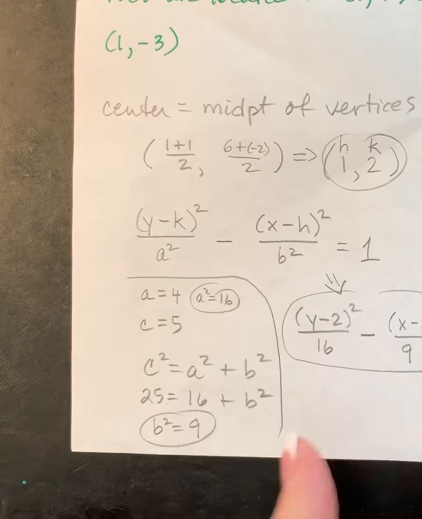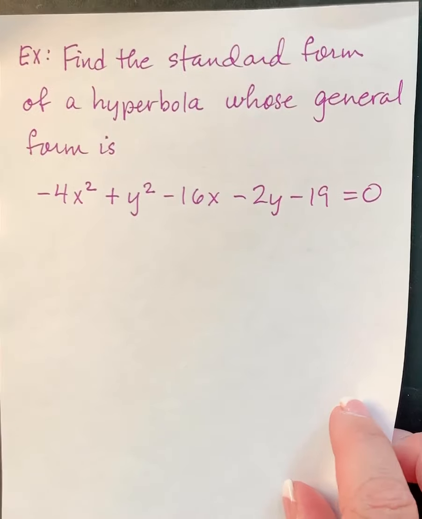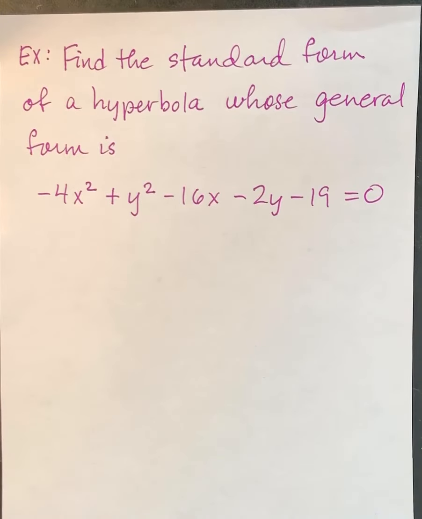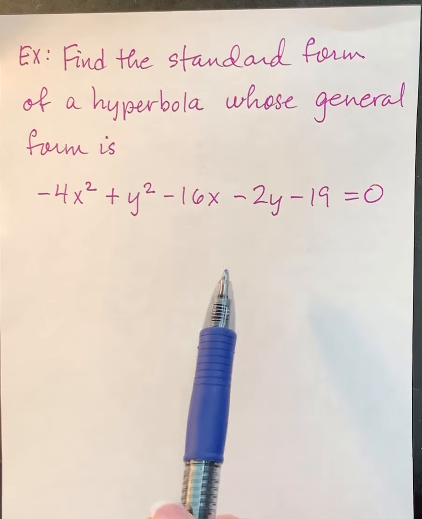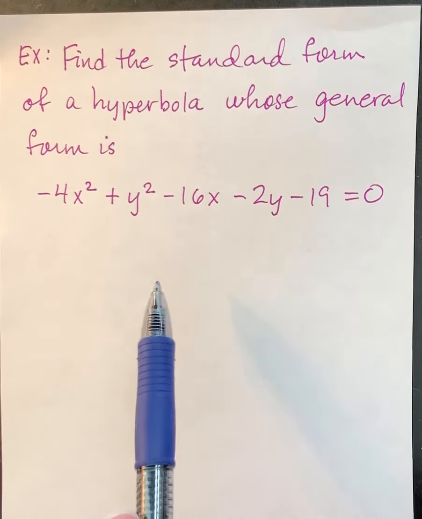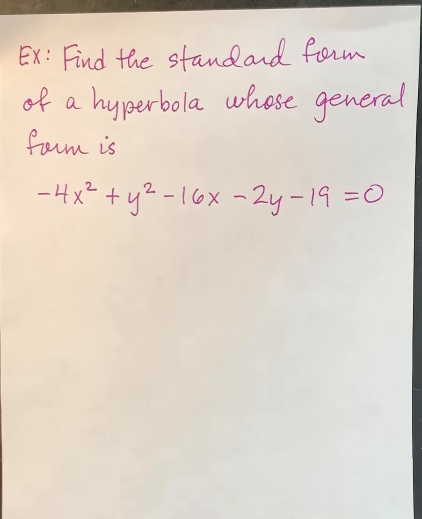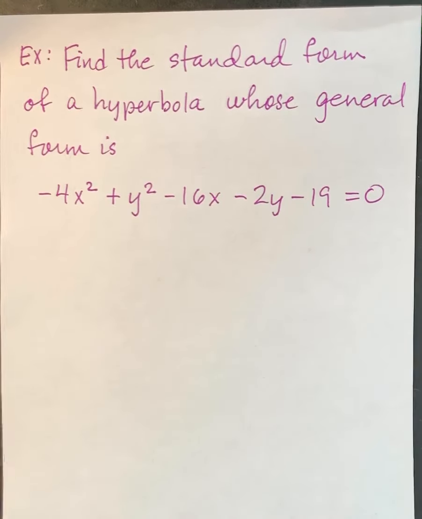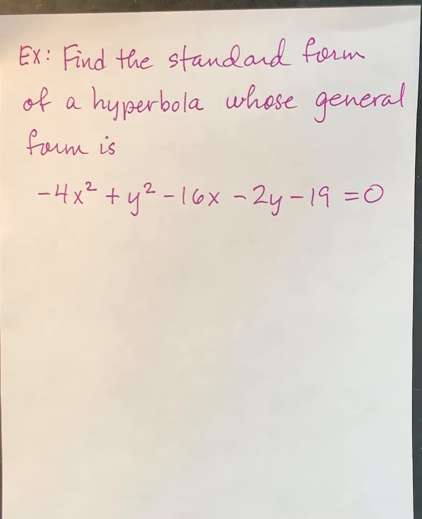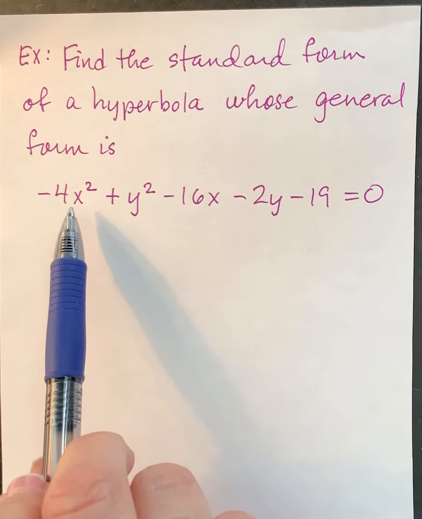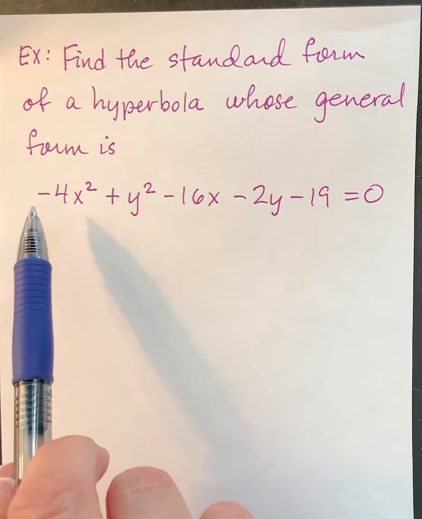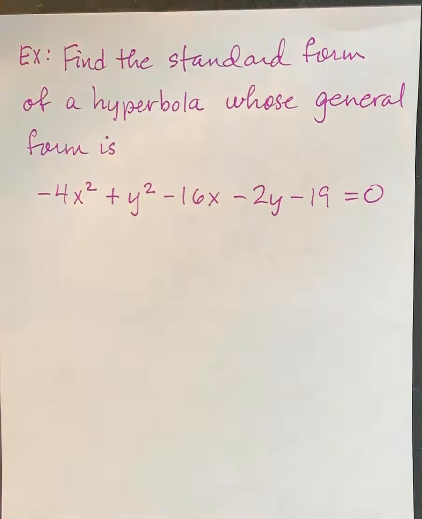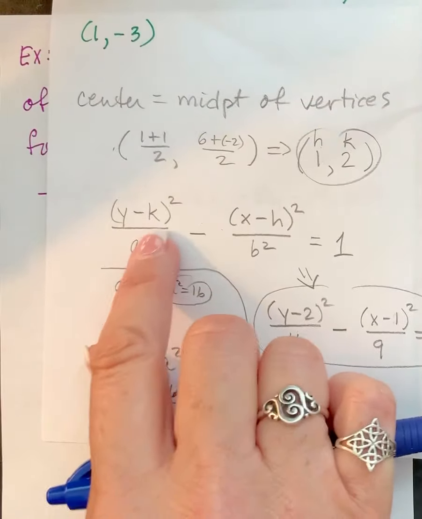Okay, one last problem. Find the standard form of a hyperbola whose general form is given. So this is like what we did with circles and ellipses. You need to do a completing the square process. You are going to complete the square on the variable x as well as the variable y. In this one, you can see that x starts off with a negative coefficient, so we're going to be looking at a form like the last one we did, where the y is the one with the positive coefficient.